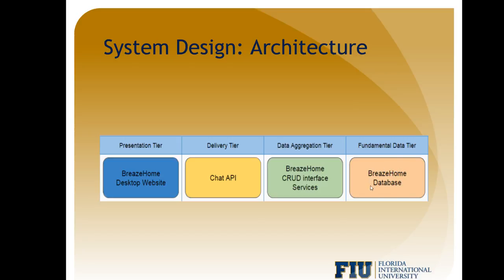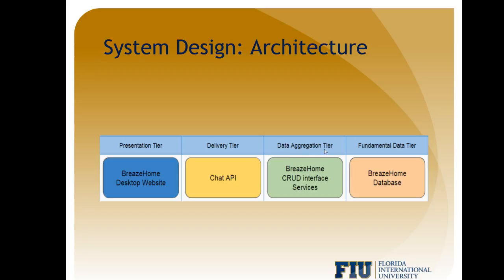As for the system design of the architecture, we have the presentation tier, which is the BreazeHome desktop website. There, the front end we have used is AngularJS, Node.js, HTML, Bootstrap, and SCSS. For the delivery tier, it is the chat API of the Phoenix framework, which is implemented in Elixir.